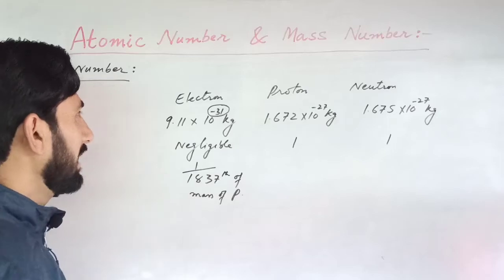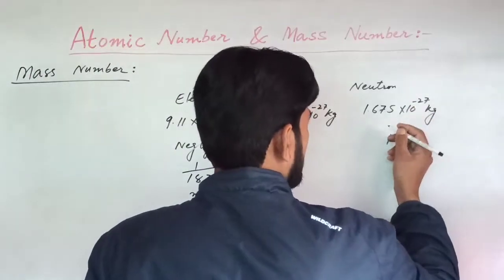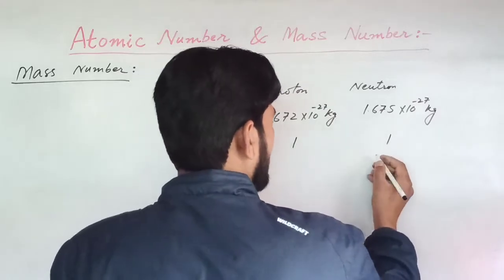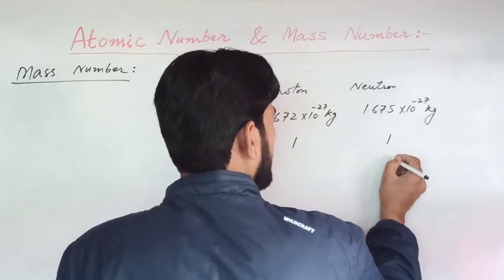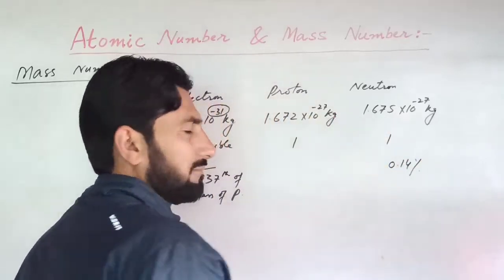Among these three elementary particles, the neutron is the heaviest. It is slightly heavier than the proton, about 0.14% heavier.